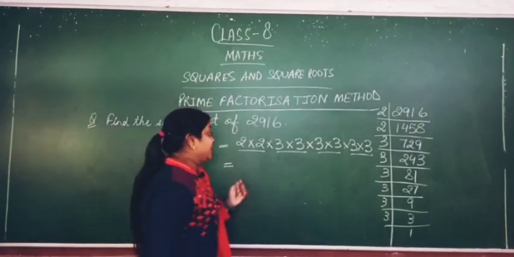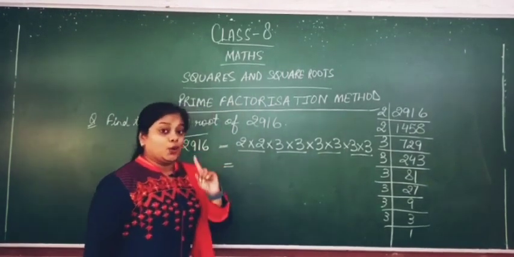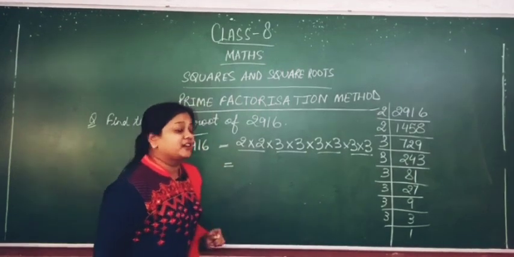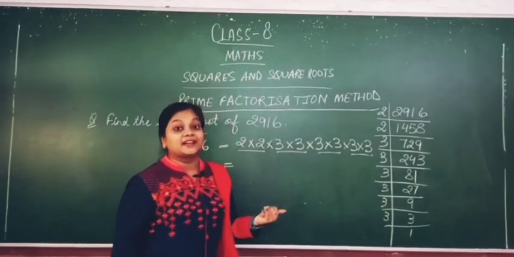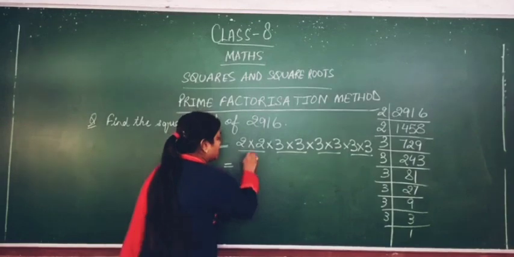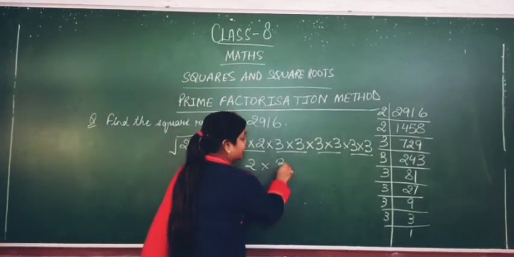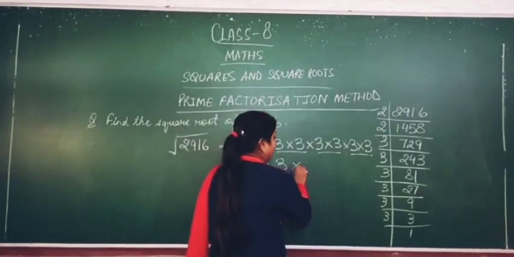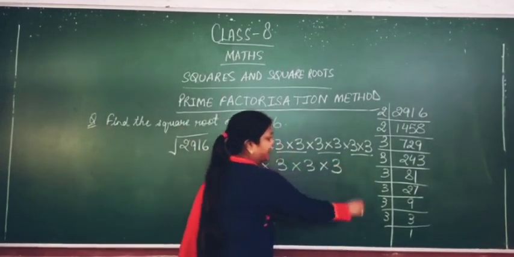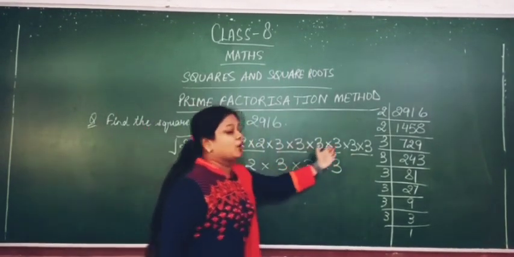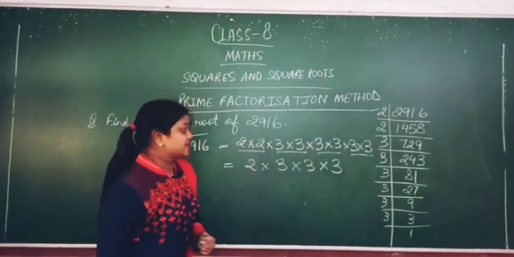Now, next step is we'll take out 1 prime factor from all the pairs. Means we'll take out 2 from this pair, 3 from this, and similarly 3 from the remaining 2 pairs.